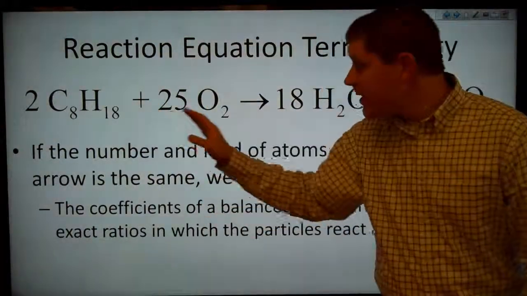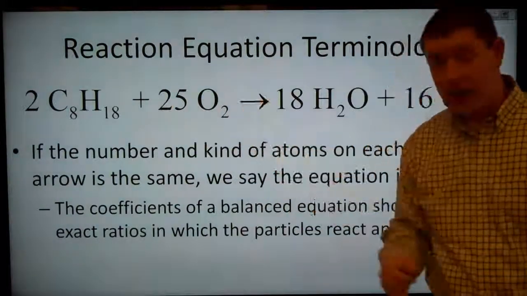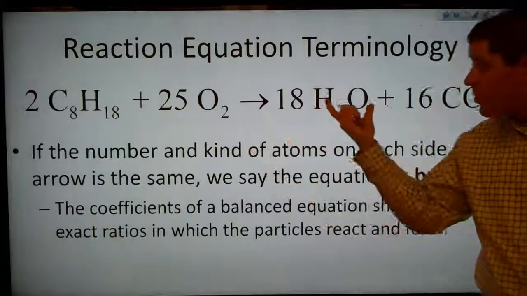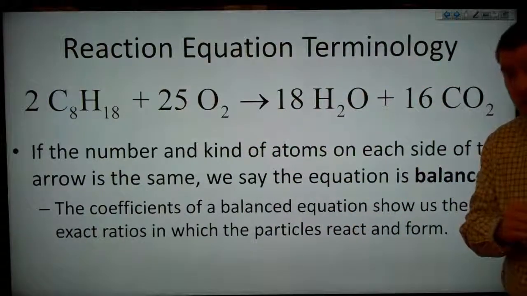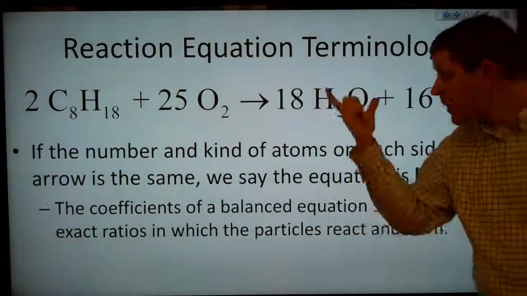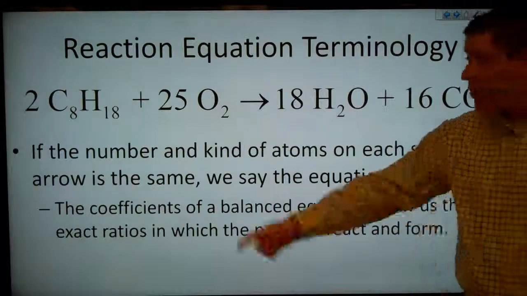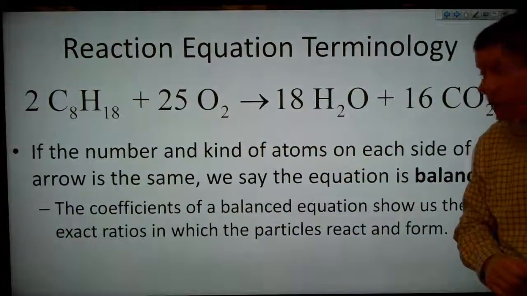So, the octane to oxygen ratio for molecules is 2 to 25. We then produce 18 water molecules and 16 carbon dioxide molecules. So if we burn 2 octane molecules, we get 18 water molecules. And if we burn 2 octane molecules, we get 16 carbon dioxide molecules.